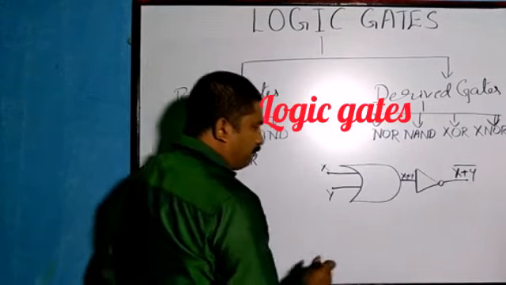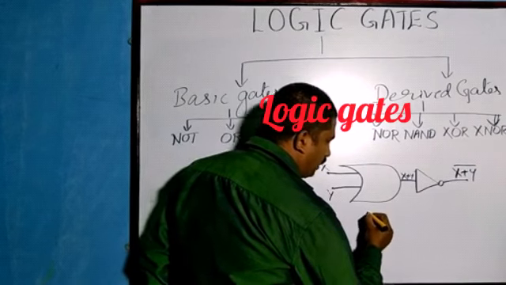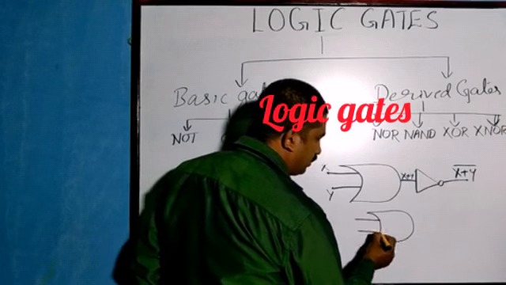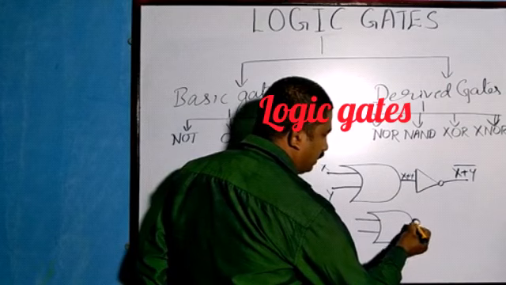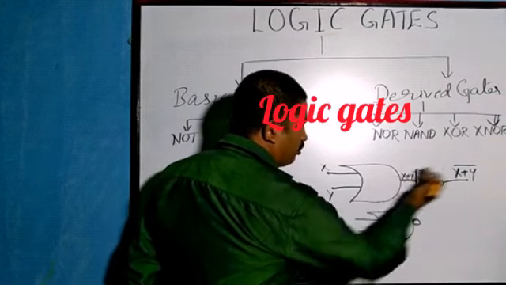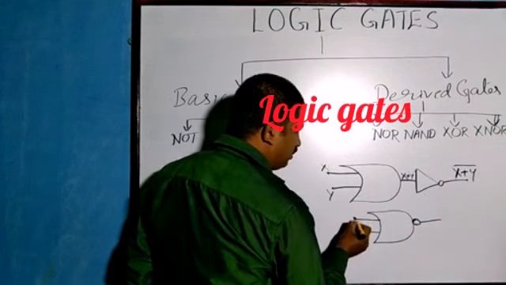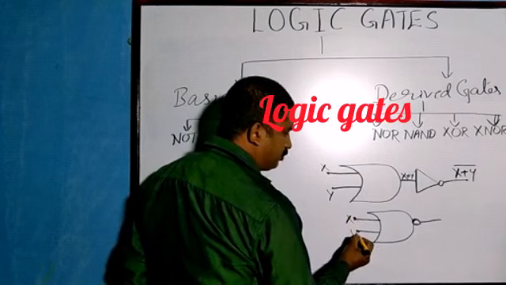So in the reduced form, we can write the symbol for NOR gate as like this. Draw OR gate, then put a circle here, that is we fuse NOT gate into the OR gate. So this is the reduced form of NOR gate, x, y.